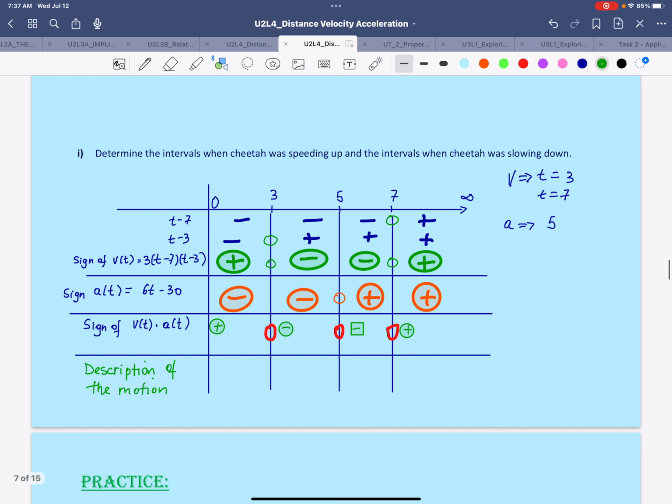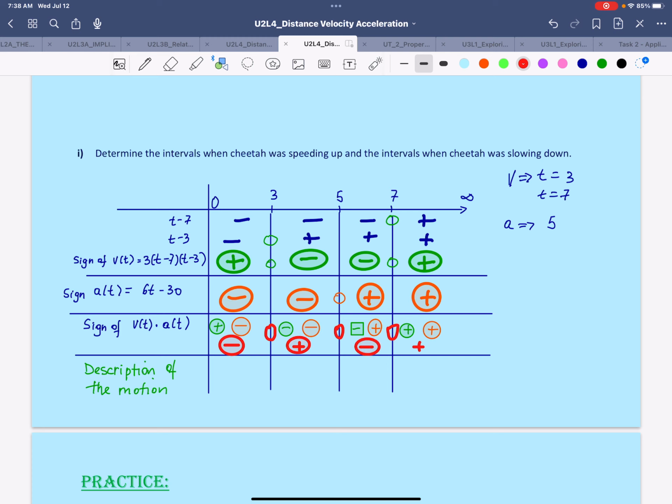And now we have the minuses for acceleration, it does start with a minus. Minus, plus, and plus. So if we multiply a minus with a plus, then we get a minus. Two minuses, we get a plus. A minus with a plus, a minus. Two pluses, a plus.